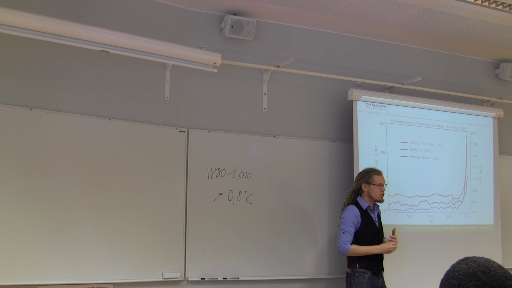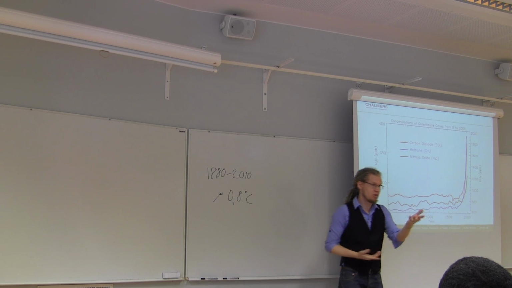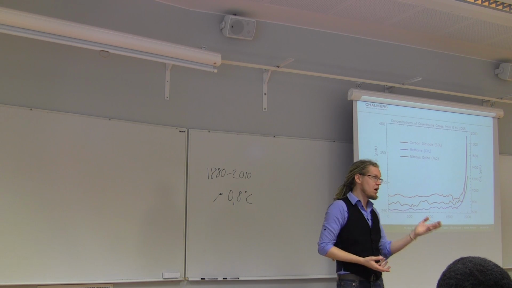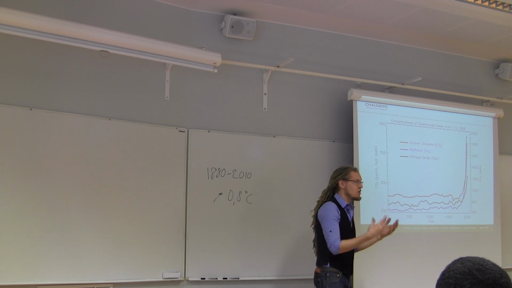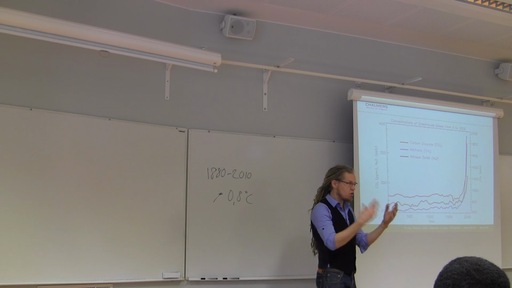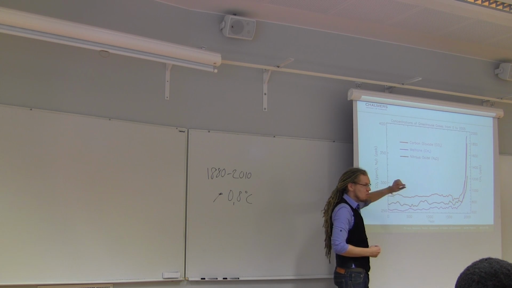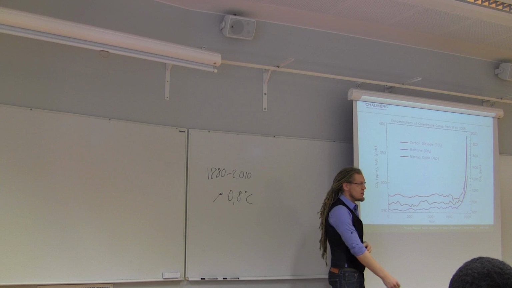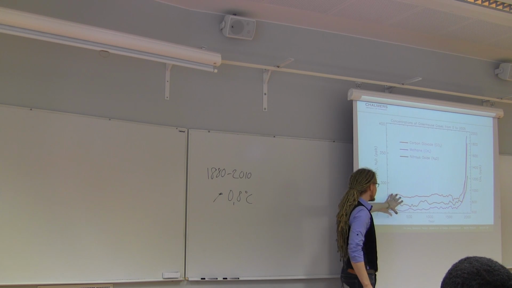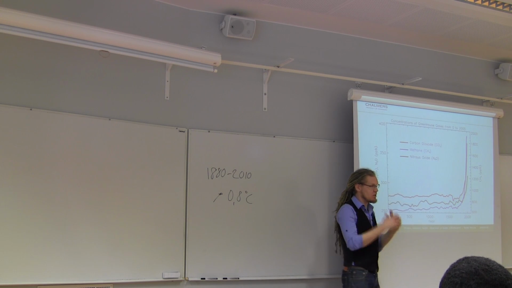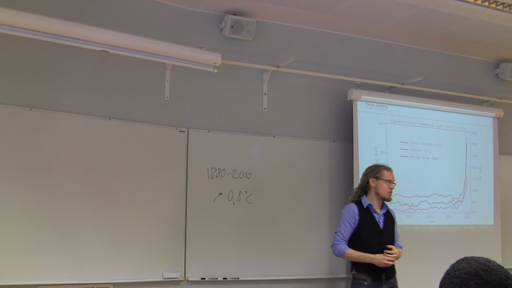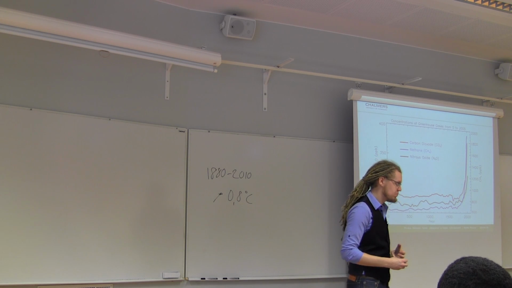Yeah. It's a good point. If you measure this from the ice cores in the Antarctic, is that really representative for the whole globe? The short answer is yes, although it might be a small difference. But these are, as I said, well mixed. So in that sense, the concentration is fairly the same all over the planet.